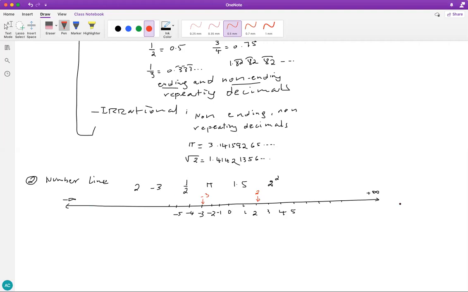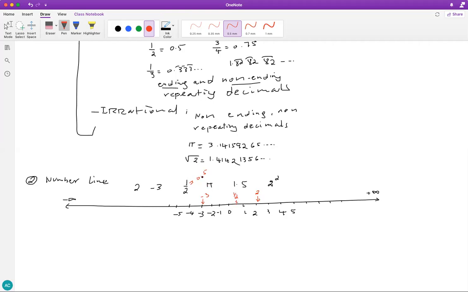Before we put fractions on the number line, we need to turn them into a decimal. So 1/2 is just 0.5. 0.5 is a positive number. Obviously, it doesn't have a negative sign. It's a little higher than 0, so it will be between 0 and 1. So half is right in the middle, right here, 1/2.